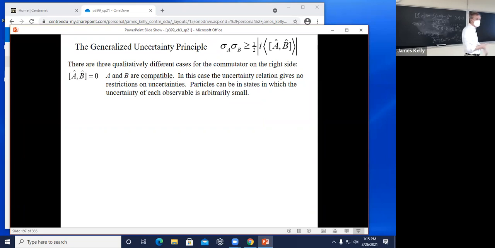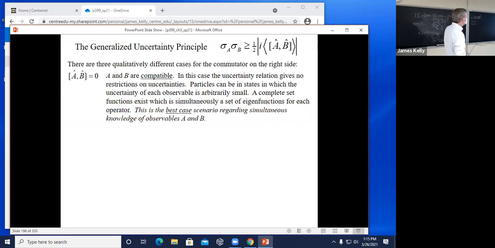Although if you choose a random state, the uncertainty in each one is probably going to be perfectly finite. So that's kind of the best case scenario regarding simultaneous knowledge of the observables A and B. Two variables commute. You can put a particle in a state such that the uncertainty in each of those variables is 0.